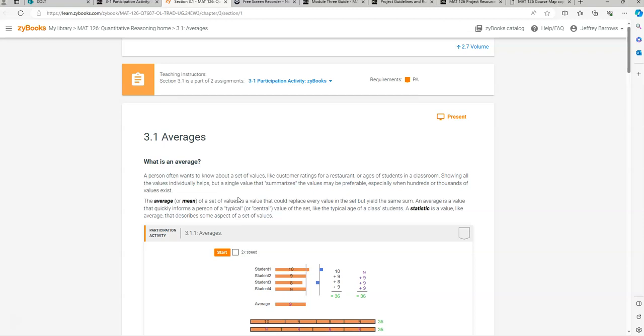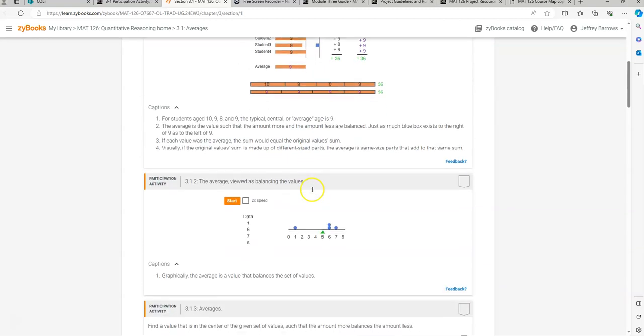Obviously, when you see an average, you're talking about a measure of center. What is really nice about this week, and it goes back to this idea that I talked about with the time and place with your mathematical techniques, is that you may ask yourself, well, if I have a measure of center in a distribution, why do I need 3 of them?